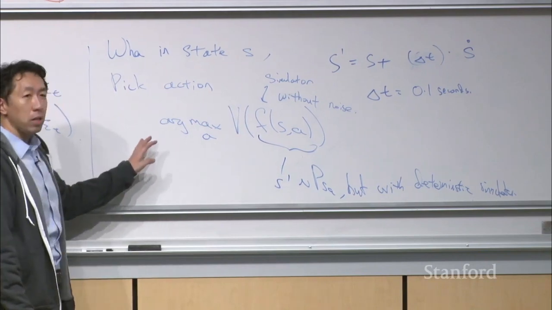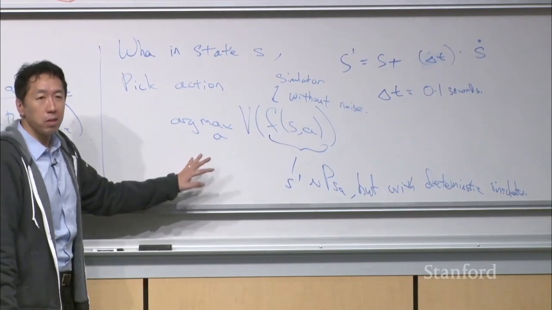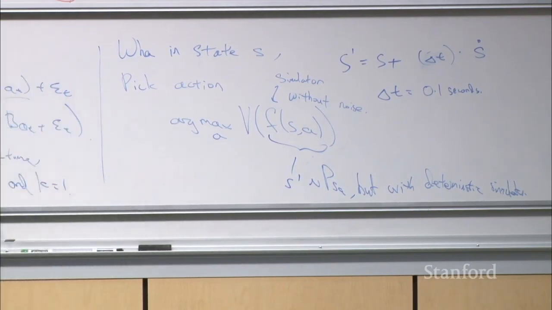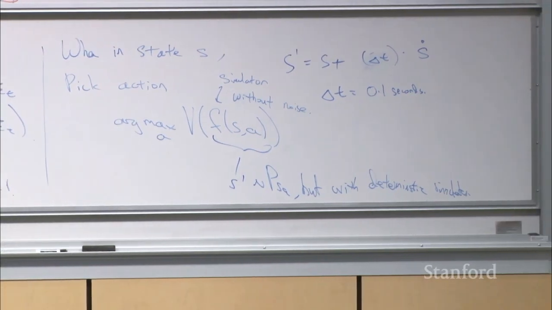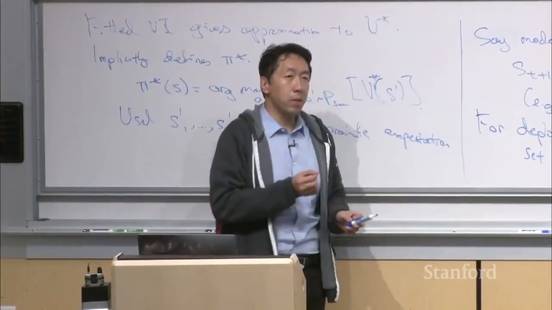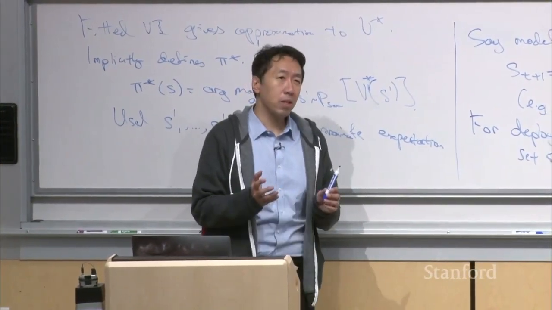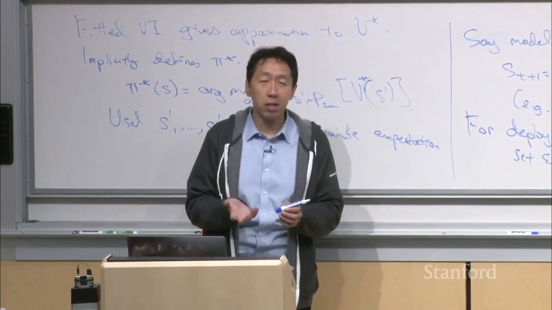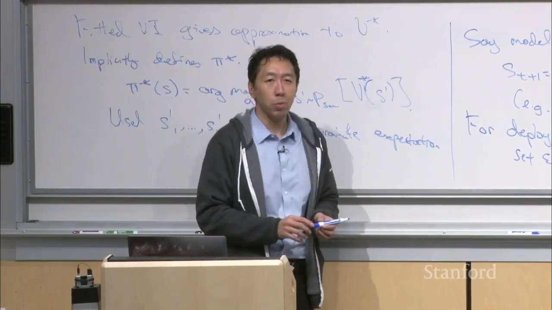And it turns out if you do this, then this is how you'd actually implement something that runs in real time. And I just mentioned, the idea of training with a stochastic simulator and then just setting the noise to 0 is one of those things that's not very rigorously justified, but in practice, this works well.